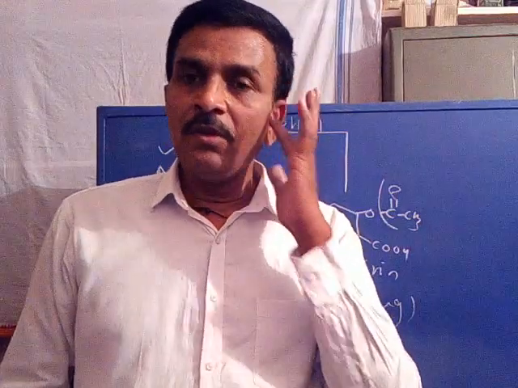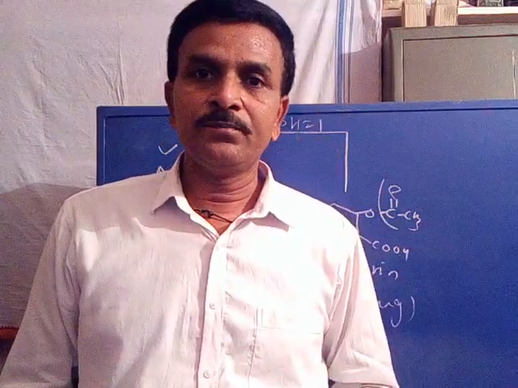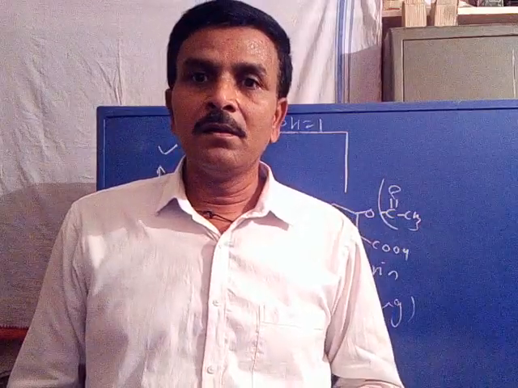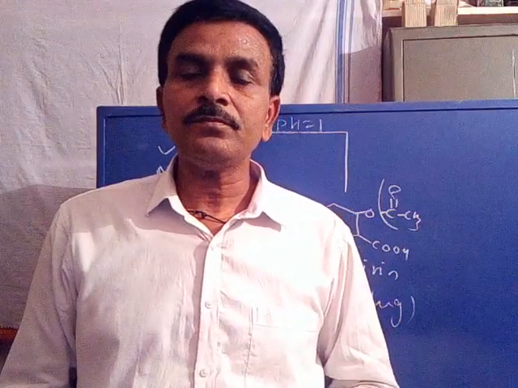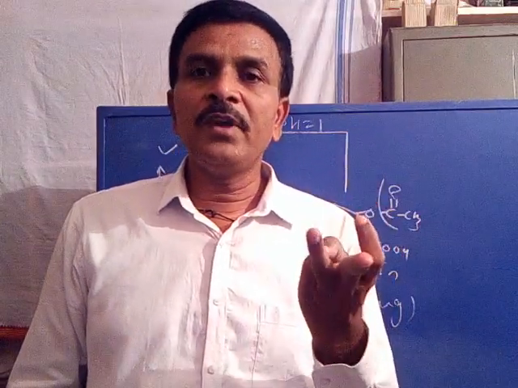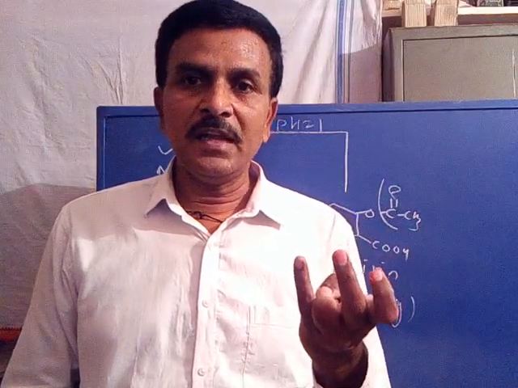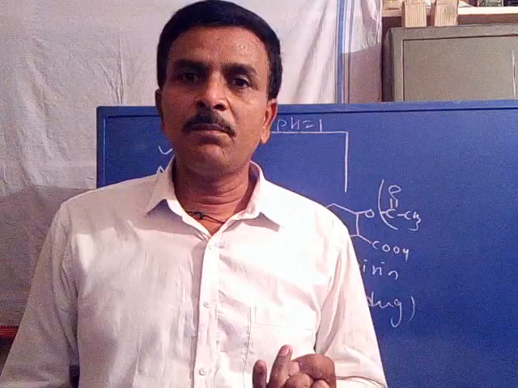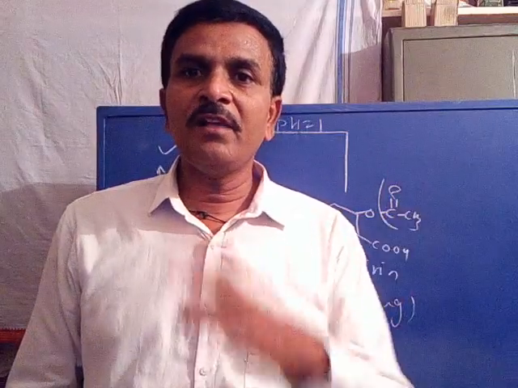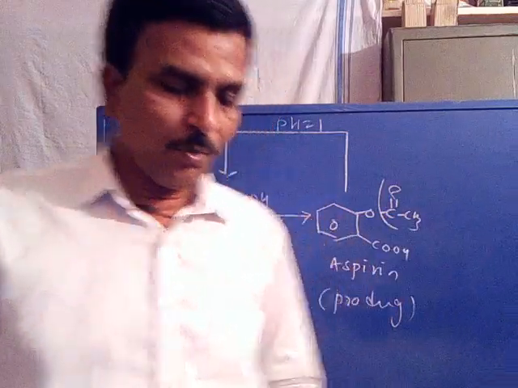Now coming to why should we design the prodrug? The prodrugs are designed for the purpose, number one, to improve its absorption, to improve its duration of action. Is it clear? To mask some unwanted properties. So there are different ways for the designing of prodrugs.